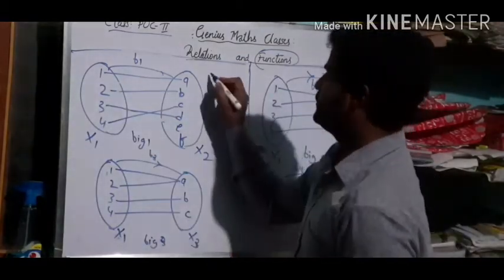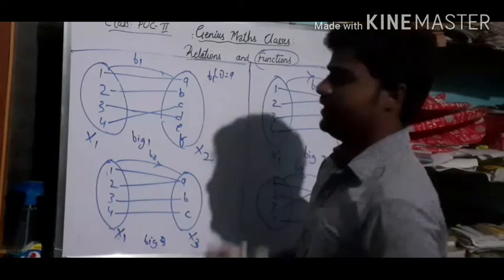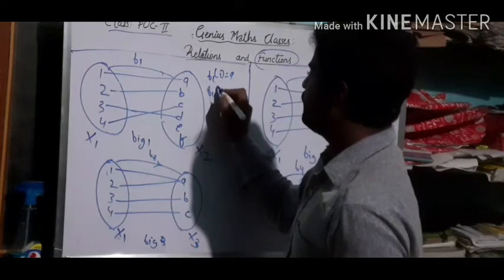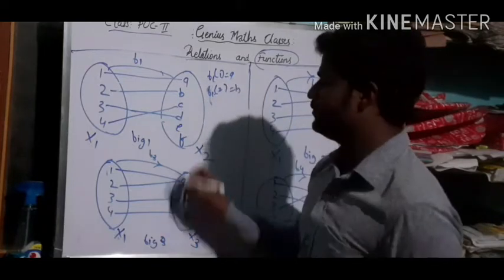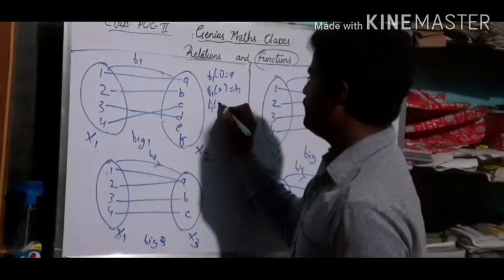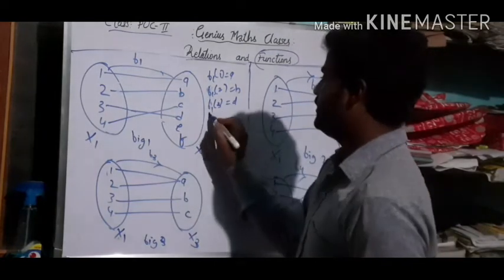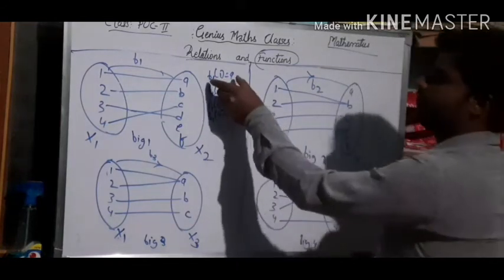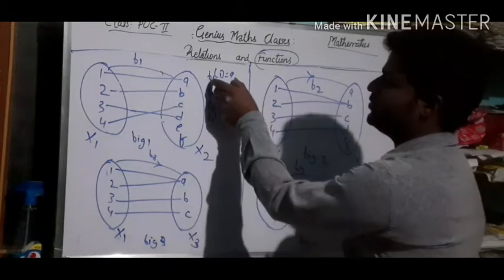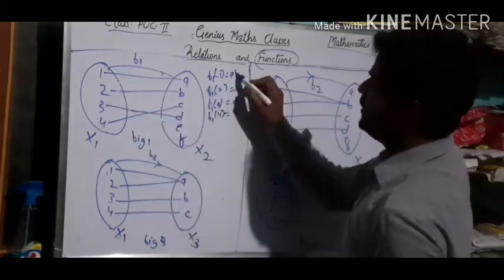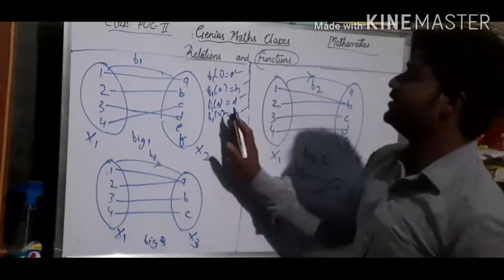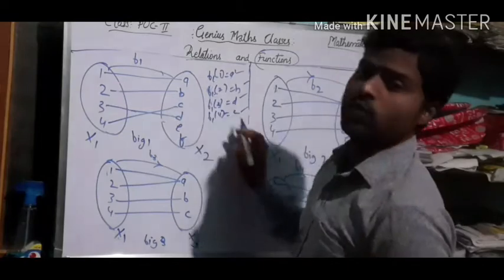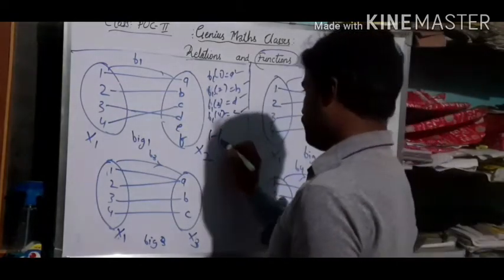F1 of 1 is A. F1 of 2 is B. F1 of 3 is D and F1 of 4 is C. So observe here, the images A, B, D, C are all different. That is why this is a one-one function.